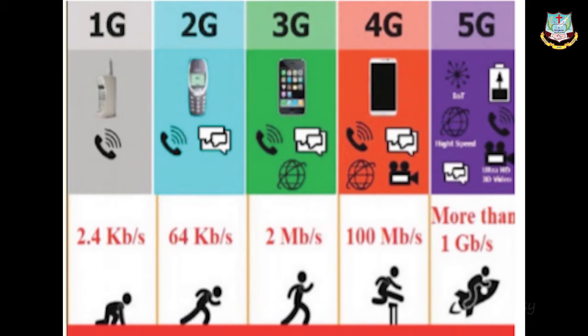There we saw CDMA, code division multiple access, and here it is wideband code division multiple access. This technique is used to obtain rates between 384 kilobits per second and 2048 kilobits per second.